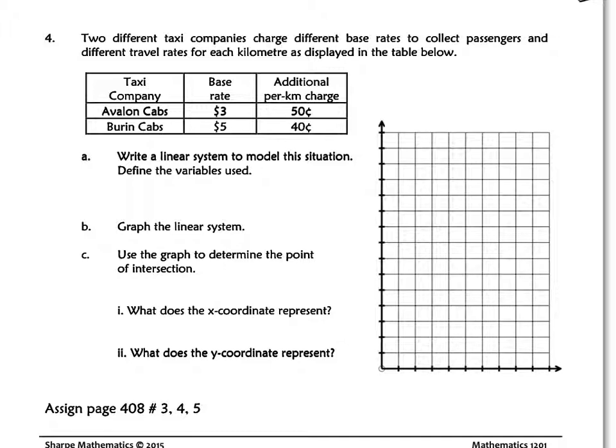So if we're just going to use K for kilometres and C for charge, we would have K equal the number of kilometres and C equal the charge.